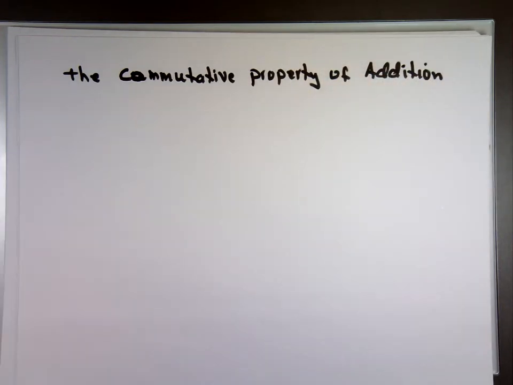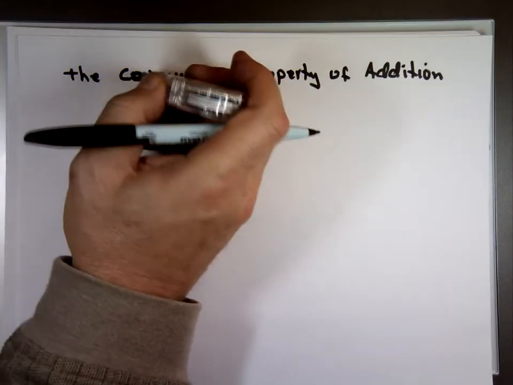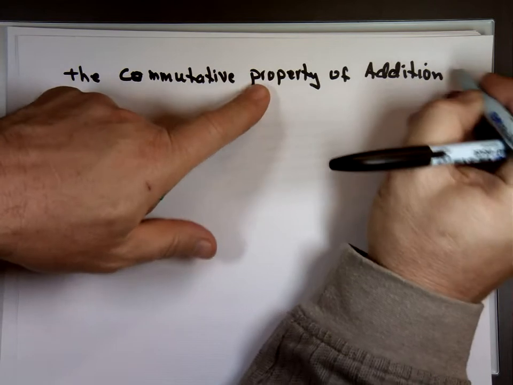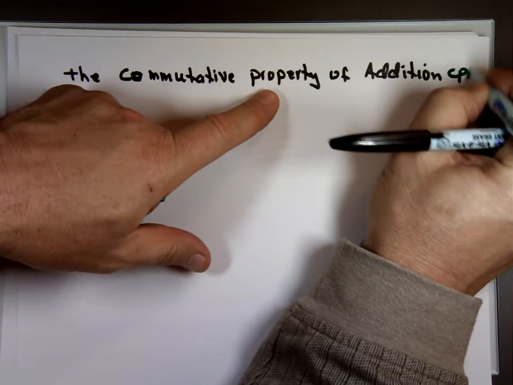And what is that? The commutative property of addition. I usually have little names for them because that's too much. It's a mouthful. I call that commutative property of addition, CPA.